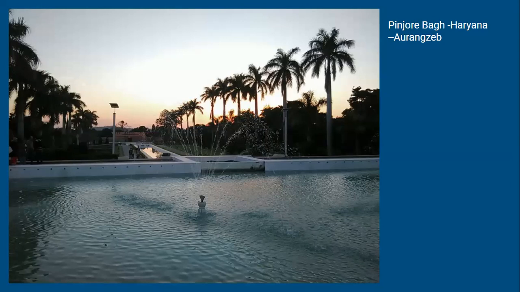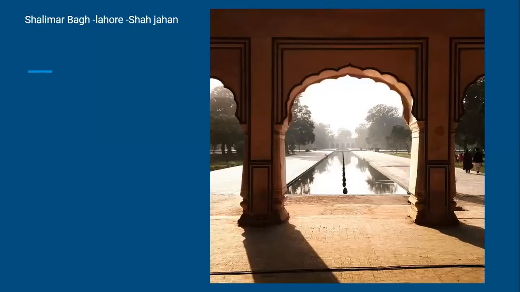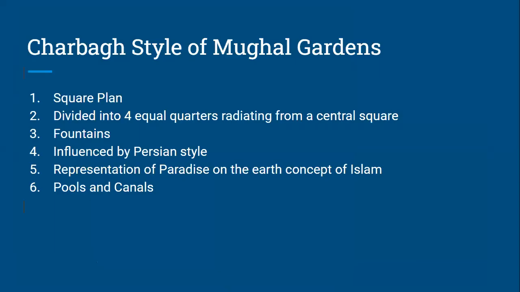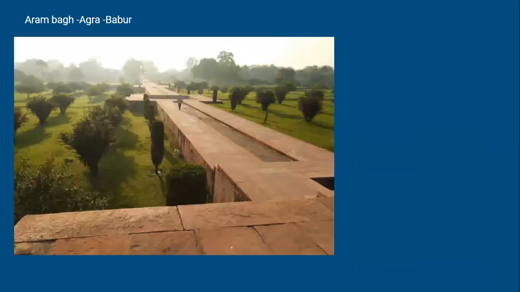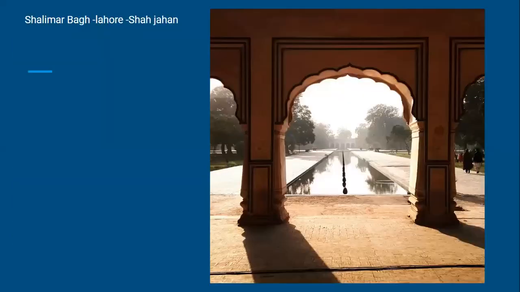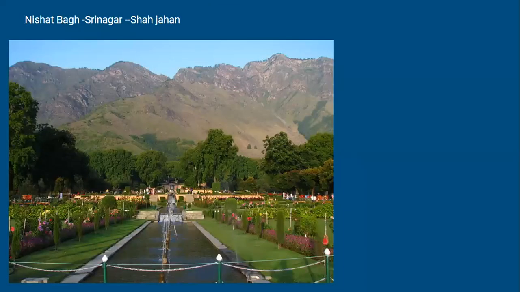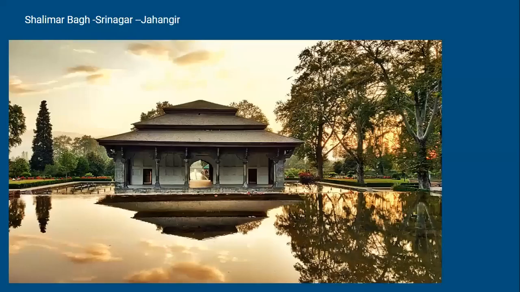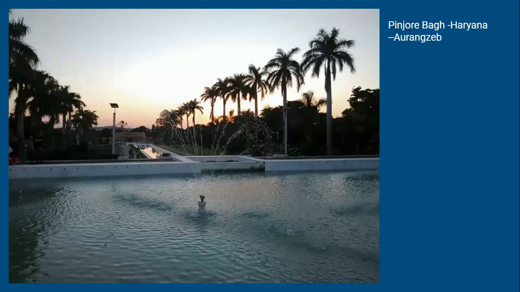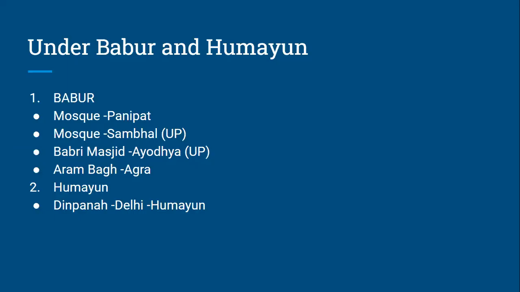Fine. So these are the beautiful gardens under Mughals. You are supposed to give all these examples: Aram Bagh, Babur; Shalimar Bagh, Lahore, Shah Jahan; Nishat Bagh, Srinagar, Shah Jahan; Shalimar Bagh, Srinagar, Jahangir; and Pinjore Bagh, in Haryana, by Aurangzeb.